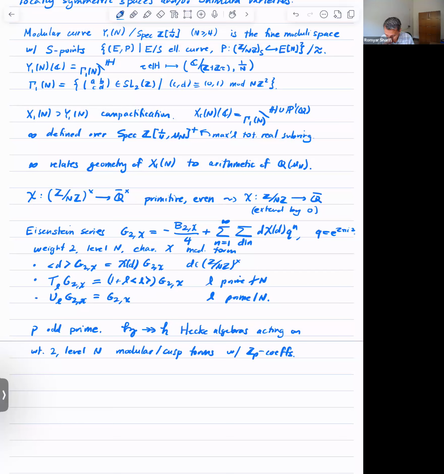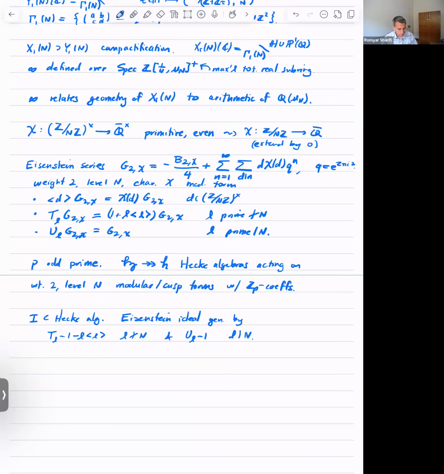And so inside these Hecke algebras, either one of them, we have the Eisenstein ideal I. I'll just take it to be generated by T_L minus 1 minus L times the diamond operator of L, for L prime not dividing n, and U_L minus 1 for L prime dividing n.